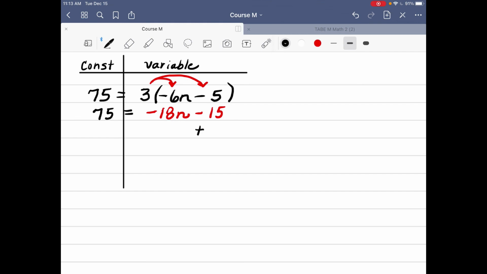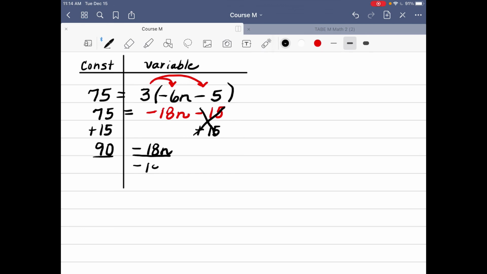So we've got plus 15, plus 15, and there is 90, and -18n.